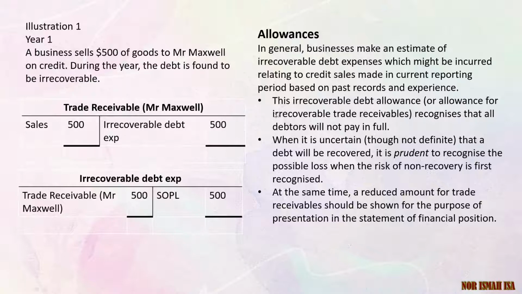Maybe some of the debtors are not paying the debt. So this allowance for receivable is recorded or adjusted in the account. This is for the purpose of a presentation in the statement of financial position that complies with the prudence concept.